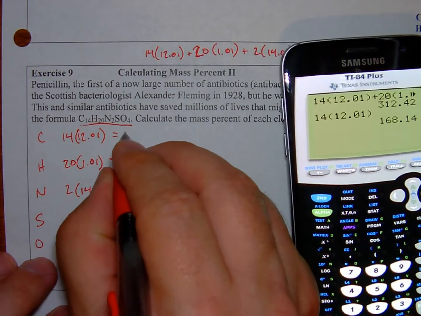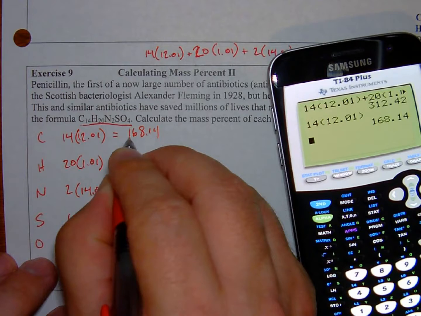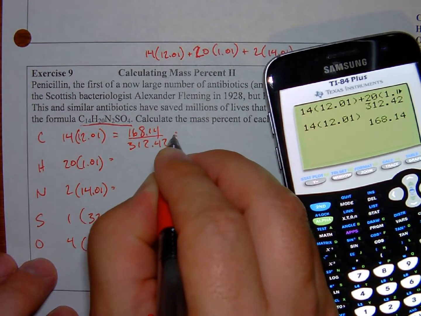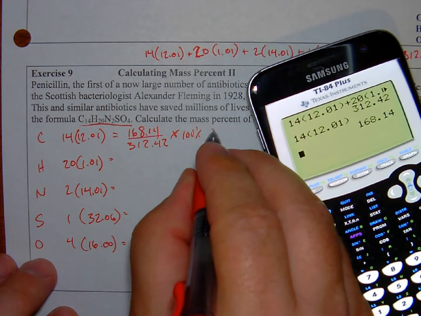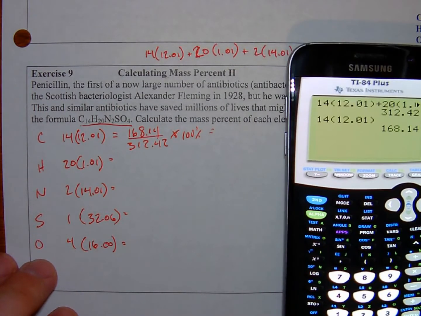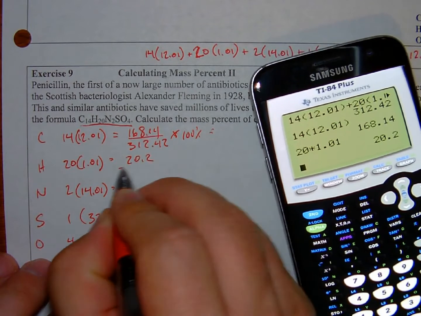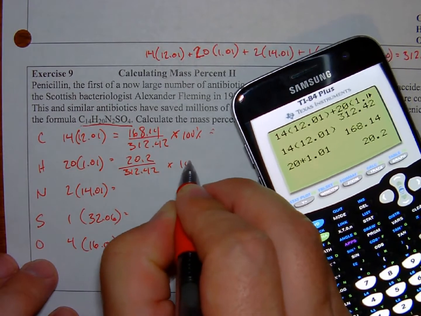So that's 168.14, and I'll divide that by the 312.42, multiply by 100%, and I'll have an answer. Next up, hydrogen. That ends up being 20.2 divided by the total, multiplied by 100%.